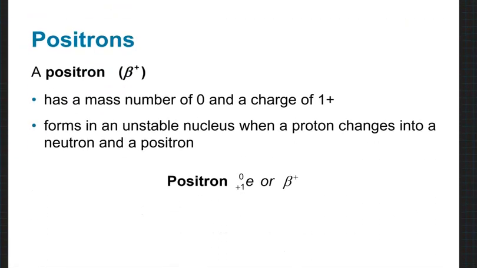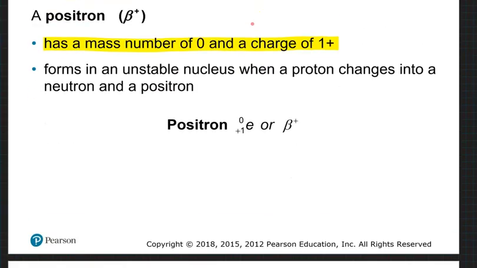Positrons, okay, this is the sort of antagonist of an electron. It is a particle that has a mass the same as an electron does, but has a charge of +1 instead of -1. So we can describe the reaction in which a positron is formed like this.